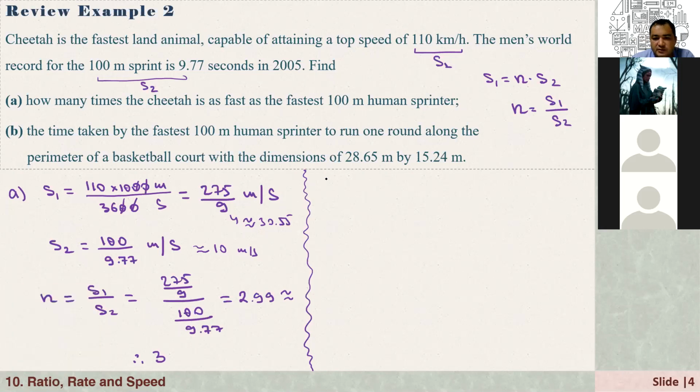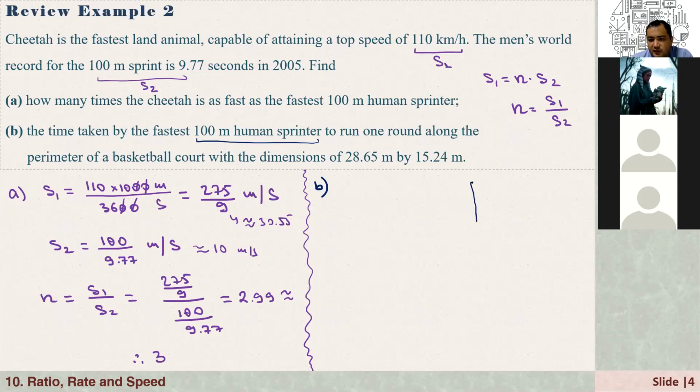For part B, let's use dark blue. The time taken by the fastest 100-meter human sprinter. That's just an adjective, describing this guy. The sprinter runs one round along the perimeter of a basketball court with the dimensions of 28.65 meters by 15.24 meters.